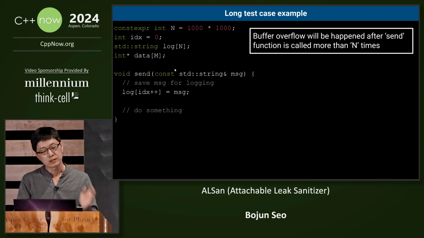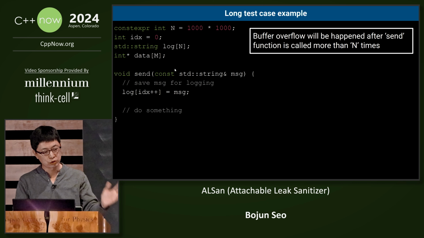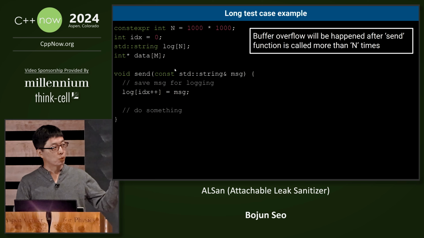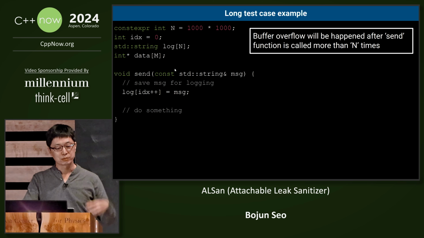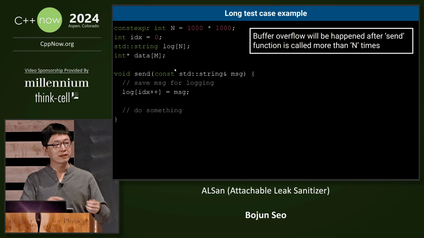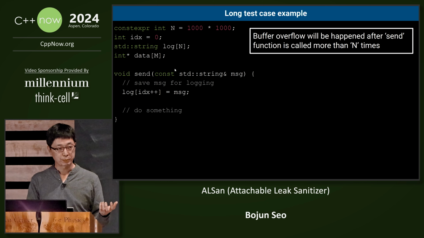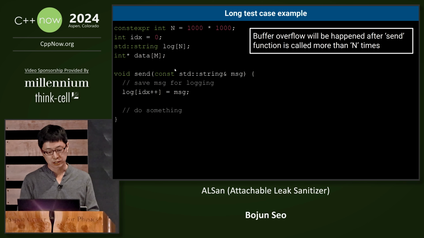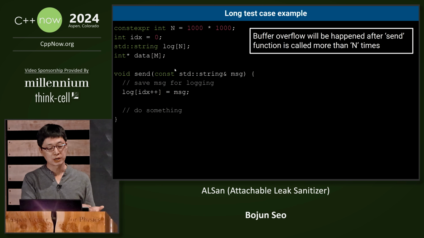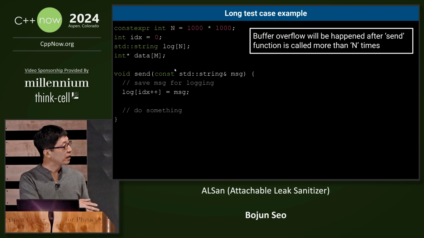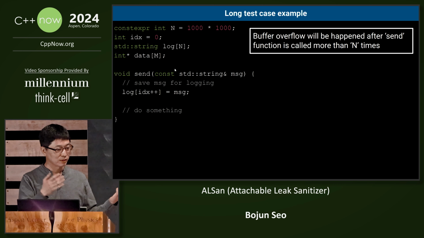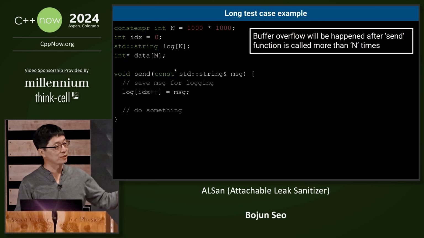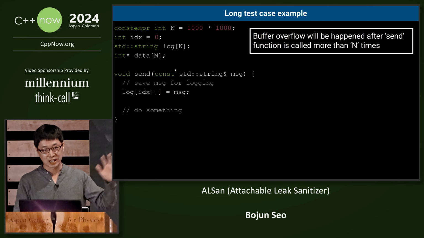So, if you want to use the Sanitizer, you have to wait until that million times of send is called, and then you can get the report. But if you can use the attachable Sanitizer, then you can just apply it and get it. But the assumption is that it is already past a million times anyway.